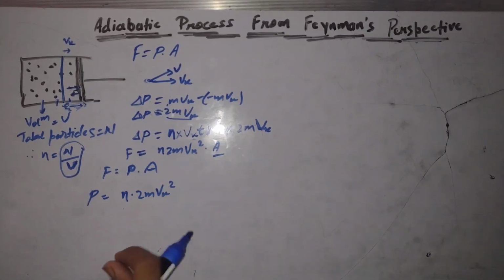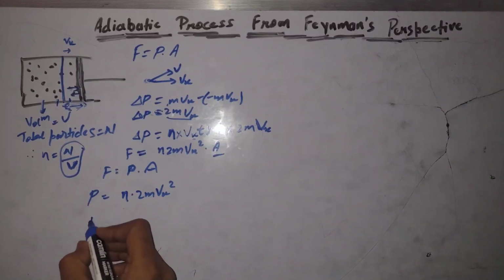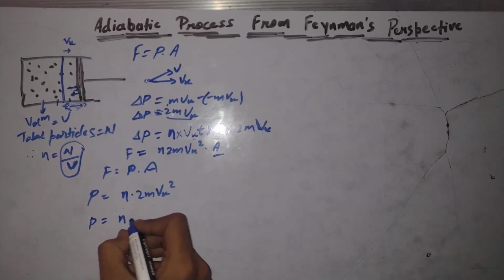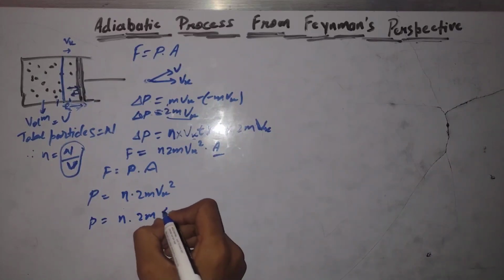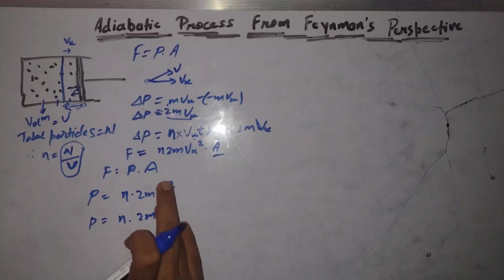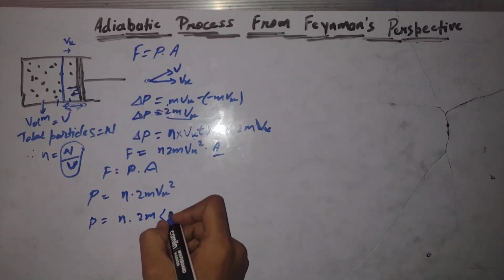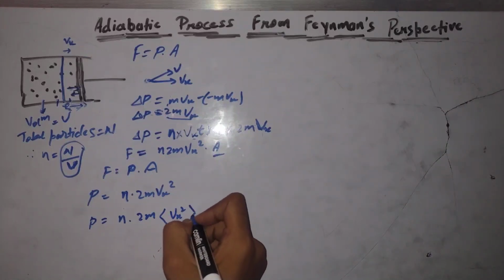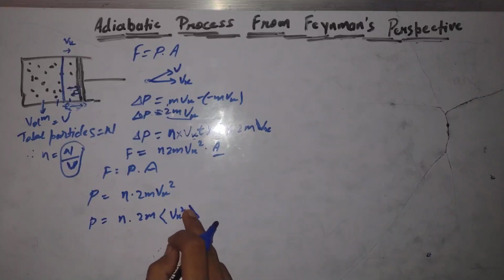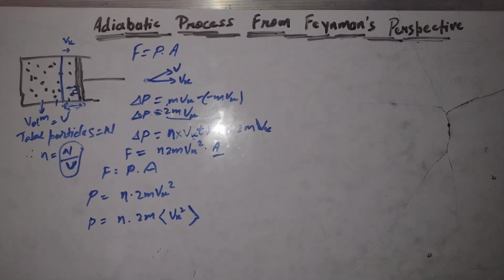So we'll take the average of the square of velocities of all particles over the number of particles. So then the pressure would be written as n into 2m and the average of the square of all particles taken. Okay, and this is how we represent the average. So it would be n times 2m into the average of vx square.